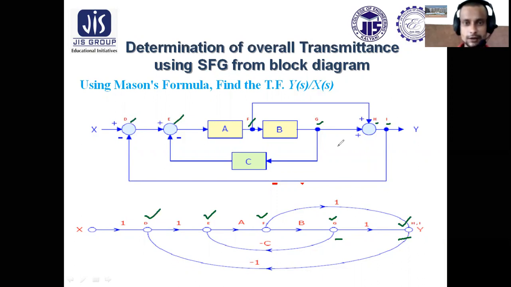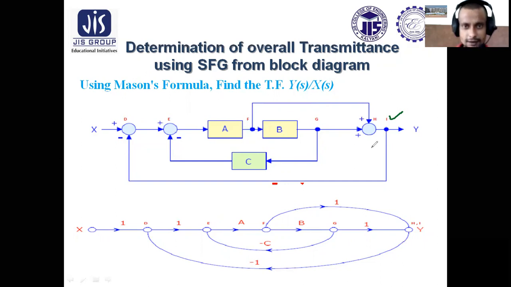Because remember this point: if a takeoff point comes before a summing point, this takeoff point G and this summing point H, for these two, G is coming before H. That is why G and H, takeoff point and summing point, will be considered as different nodes. But if a takeoff point comes just after a summing point, then you may consider the summing point and takeoff point as a single node.